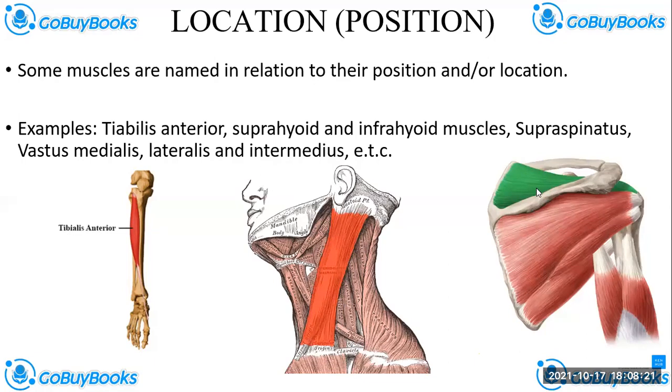Let's move on. The supraspinatus. Okay, yeah, thank you. I've seen your message. Let's continue. Another example I think I should explain, but before that, you can see these muscles coming back again: the vastus medialis, vastus lateralis, and intermedius. I told you that muscles are usually named as a combination of names. Vastus means great, like vast, large.